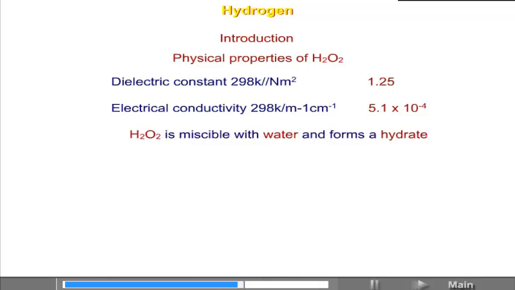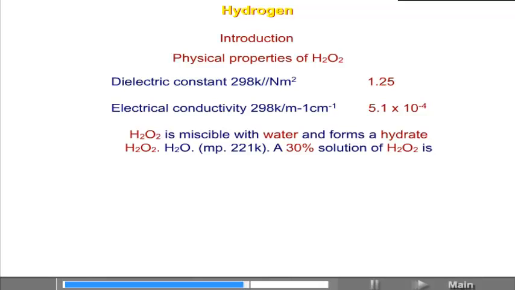Hydrogen peroxide, H2O2, is miscible with water and forms a hydrate, H2O2·H2O. Melting point is 221 Kelvin.